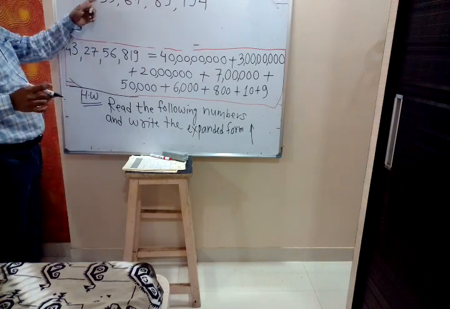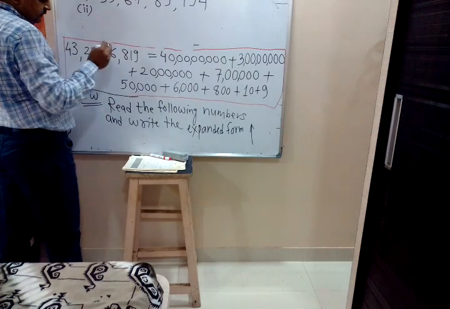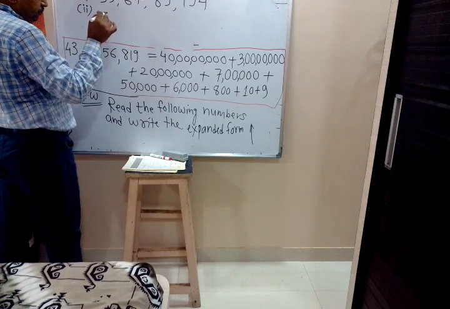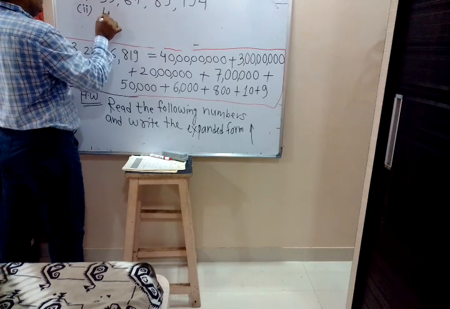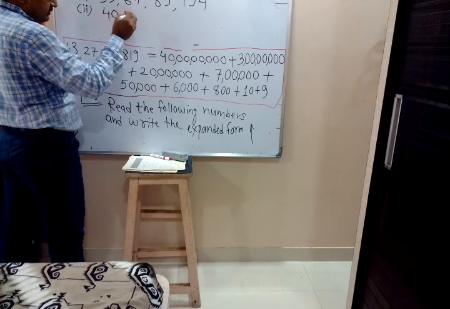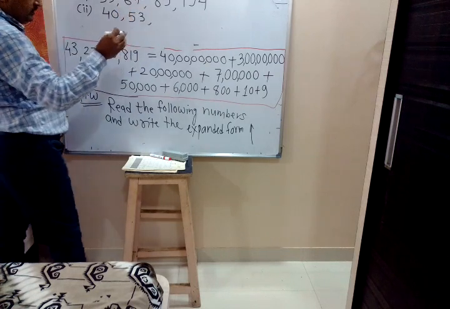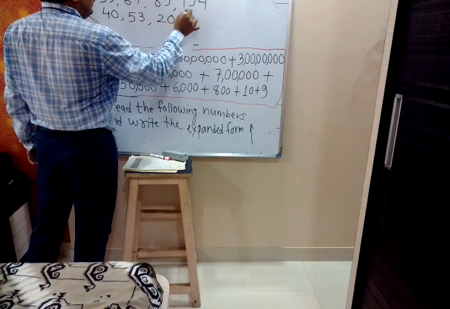Now second, you have to read this number. Then second: 40,53,20,140.